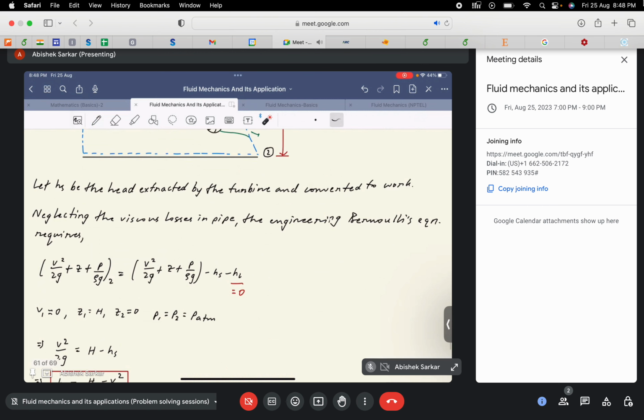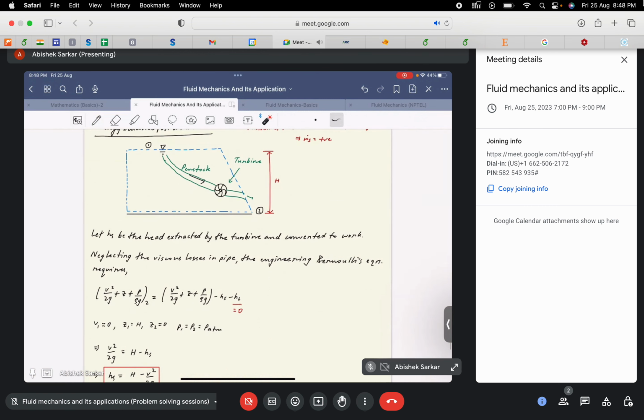Again, from the given geometry, we see that V1 can ideally be taken to be 0. In the ideal case, this can be taken to be 0, because if we are extracting water from a reservoir at a particular volume flow rate, it may happen that this reservoir is being supplied or filled with the help of some rivers or other sources that keep the water level in the reservoir constant.